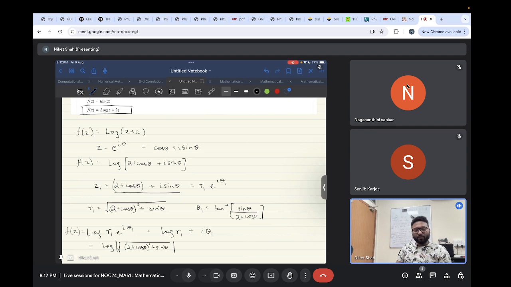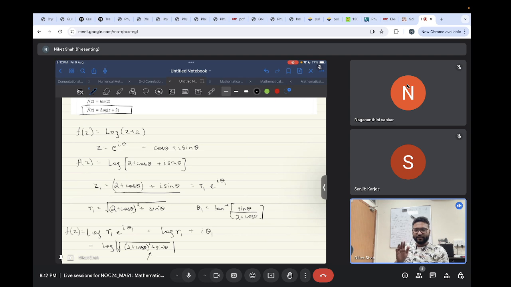So when I'm writing a square root, the output that I get is going to be modulus, absolute value. So logarithm of an absolute value is well defined. For negative values, it's not defined. So here, for any value of theta, log is going to be defined. So this is going to be analytic.